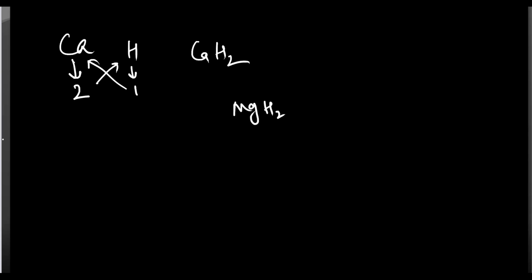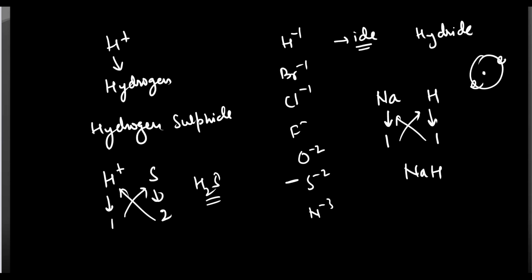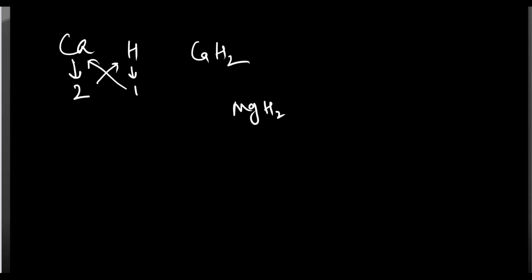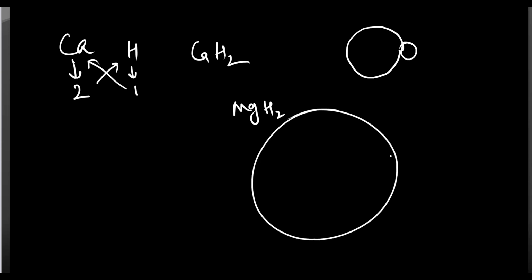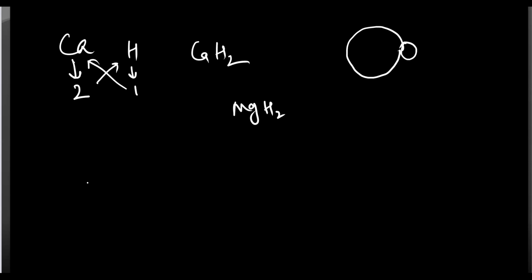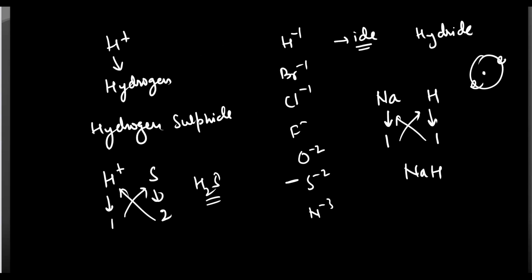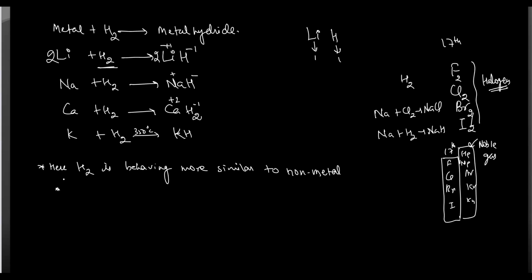But below magnesium and calcium, other metals do not form hydrides, because the size of hydrogen is very, very small compared to the size of the metal. If the metal is this big and hydrogen is this small, the bond does not form stably. Why do other metals not form hydrides?